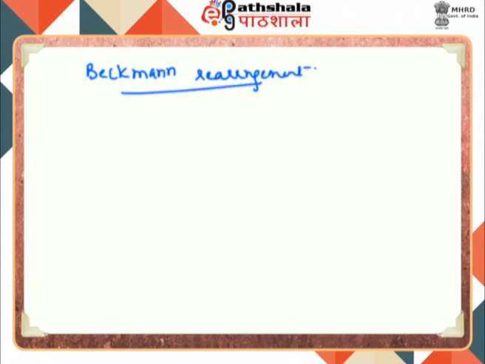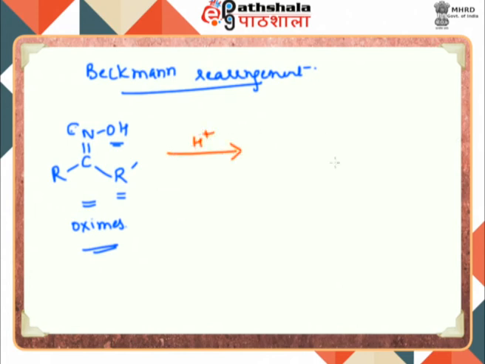In this Beckmann rearrangement reaction, we start with oximes, and as you are aware, these will show geometrical isomerism. So if we start with this particular geometrical isomer, where this OH is on the same side as this R dash, and it is reacted with H plus, there will be formation of this OH2 plus, which gets lost as a water molecule.